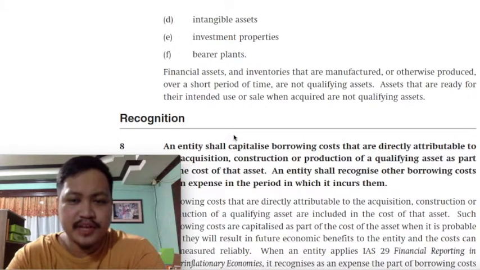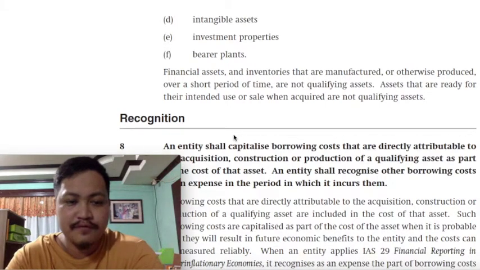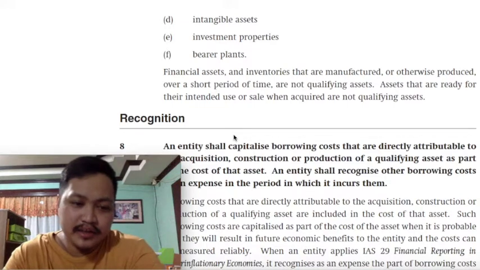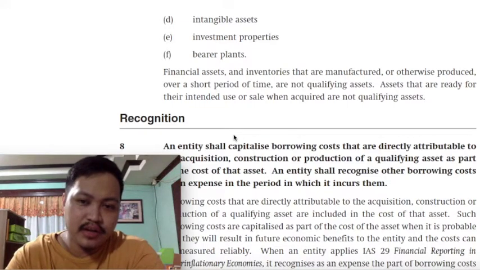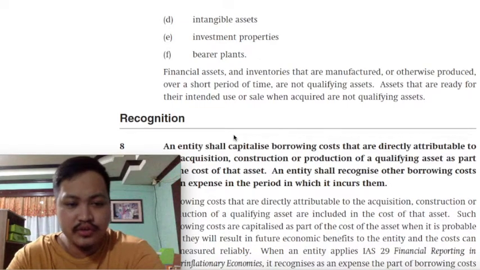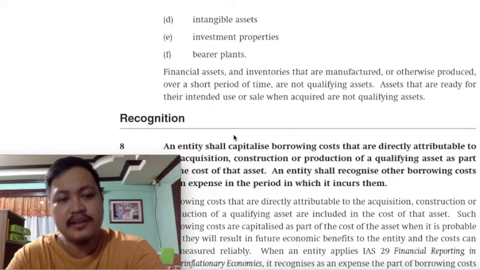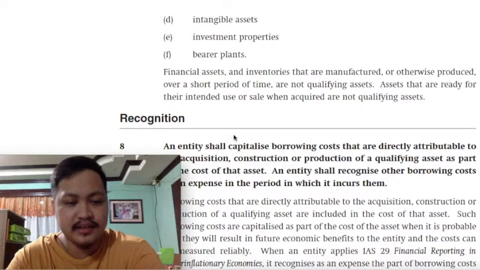Next, another obvious statement, class: assets that are ready for their intended use or sale when acquired are not qualifying assets. If at the date of acquisition they are already at their intended use, location, and condition, then definitely it is not a qualifying asset.